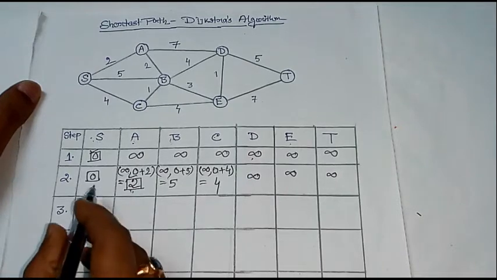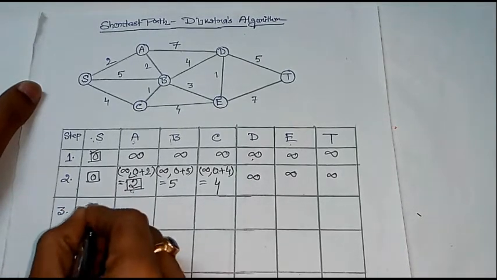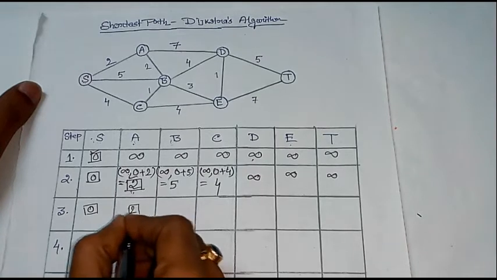Now consider step 3. 0 and 2, these two are permanent levels, so we put 0 and 2 here.